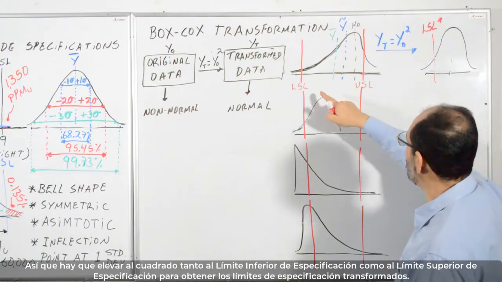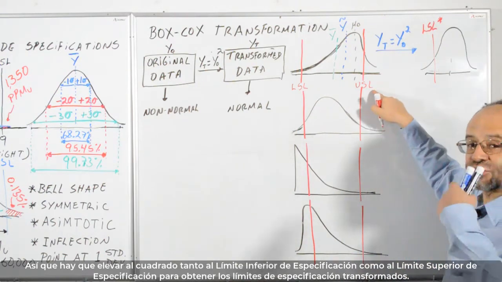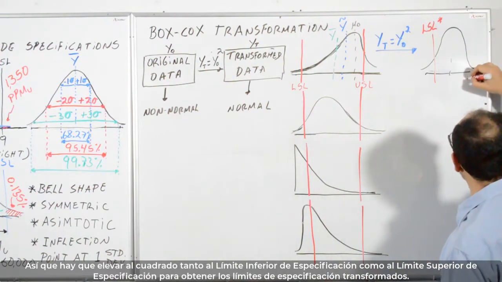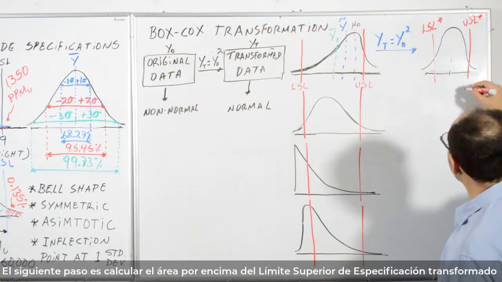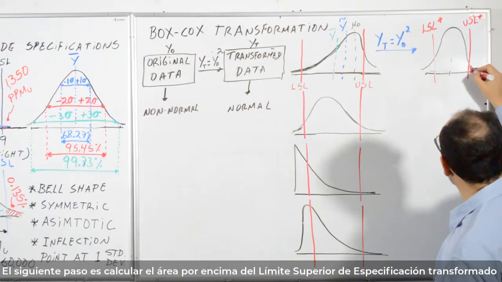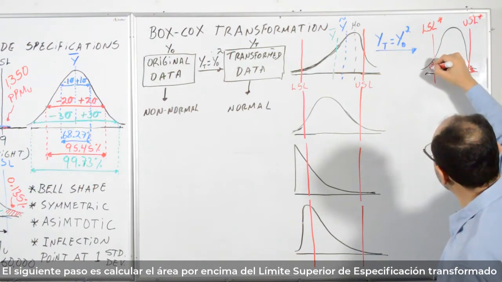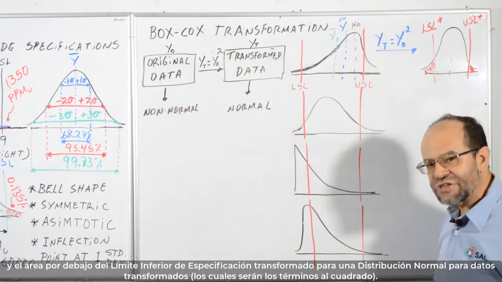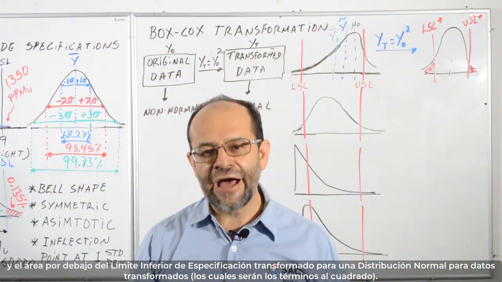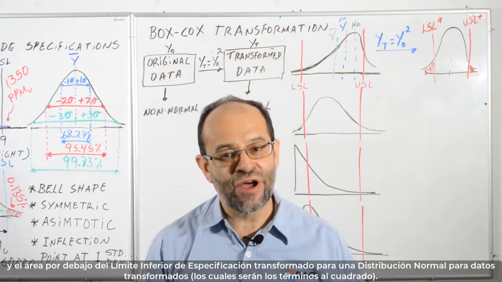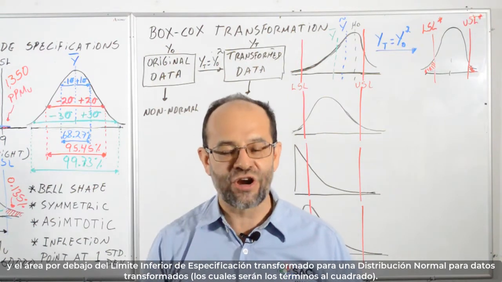You also square the upper specification limit, and that will be the squared upper specification limit. Then you have to calculate the areas above the upper specification limit and below the lower specification limit for a normal distribution for the transformed data, which will be the squared terms.